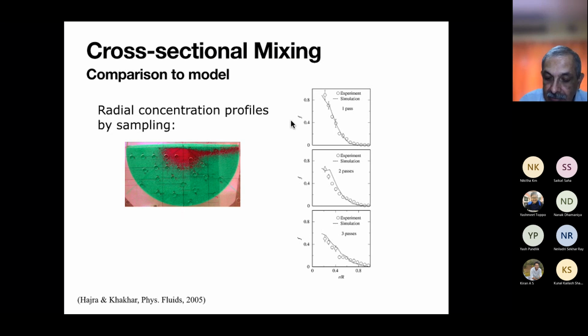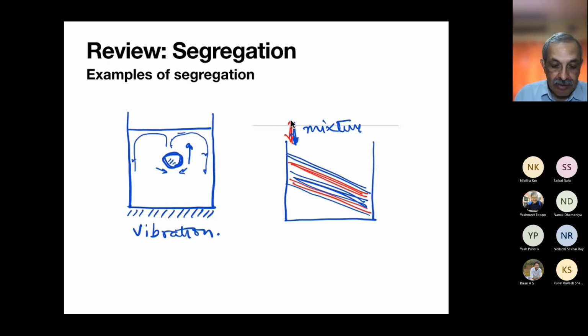So these points are the measurements of the concentration as a function of the radial distance, and the lines are the model predictions. So again, you can see that there is a very nice agreement, and so this equation that I told you for predicting mixing works quite well if the assumptions are satisfied.